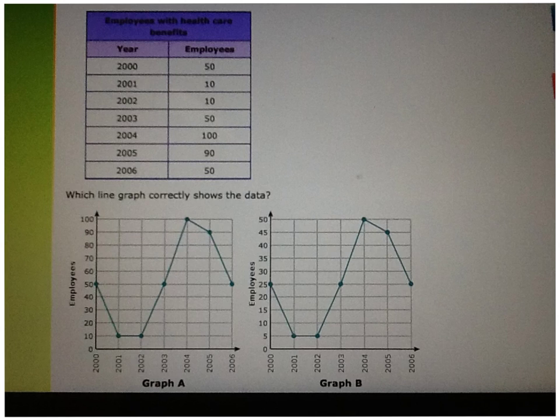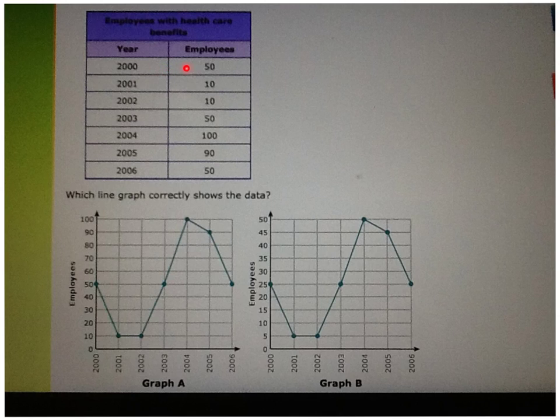In another graph, we're going to take a look and see, is the information presented correctly? Taking a look again, we're talking about employees here and years. So up here it tells us employees with health care benefits.